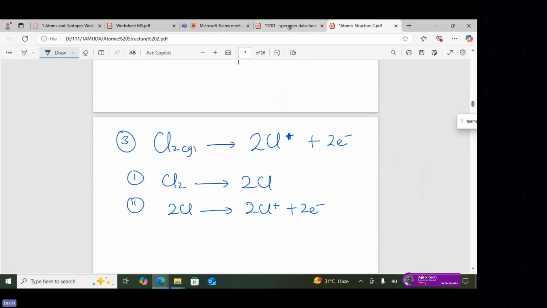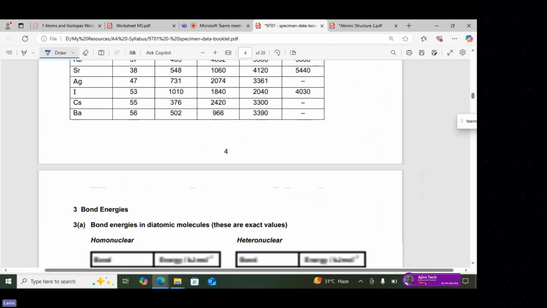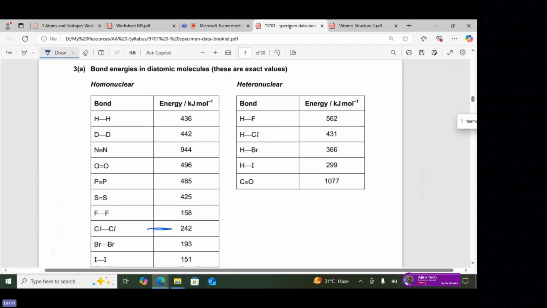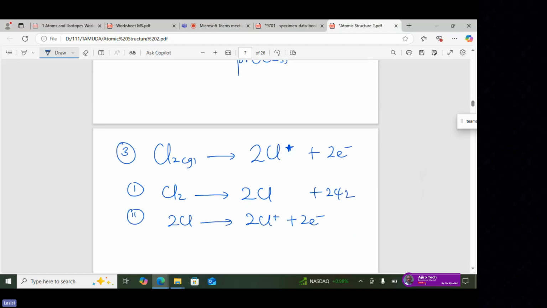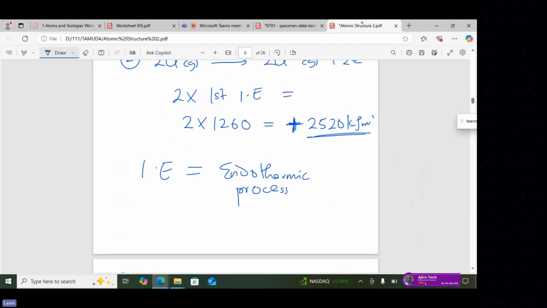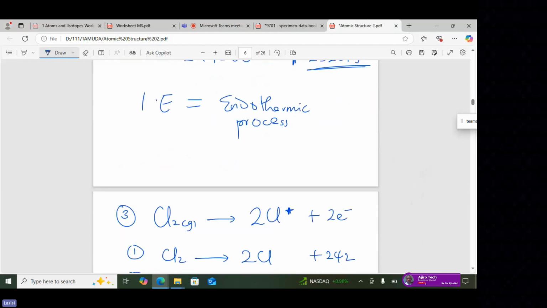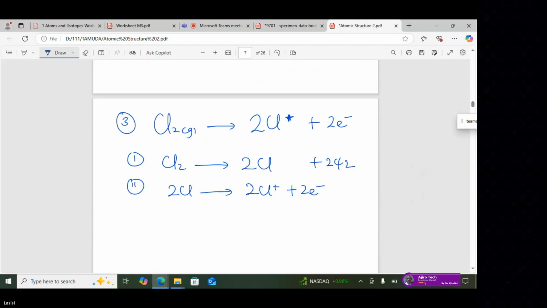To break the molecule we use the bond energy value, Cl-Cl, which is 242. Then 2 times first IE is 2520, plus 242, so 2762 kilojoule per mole.